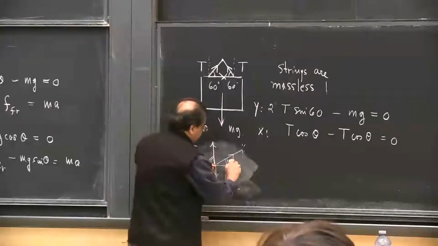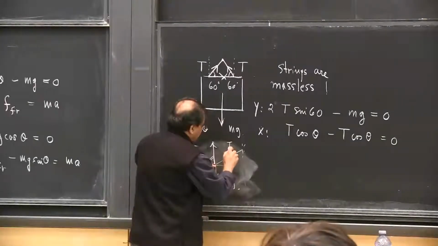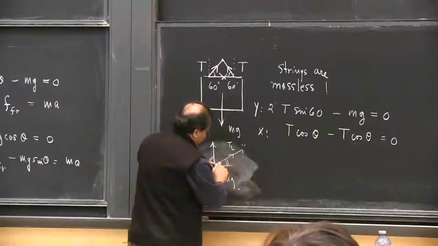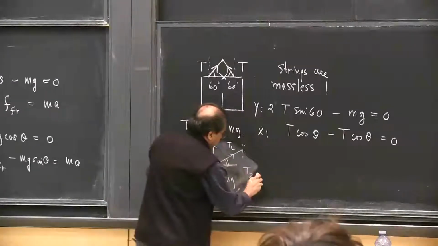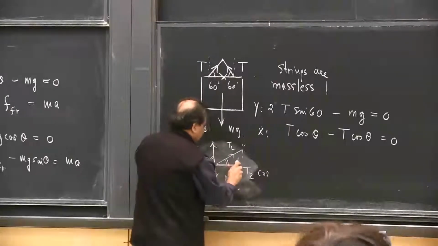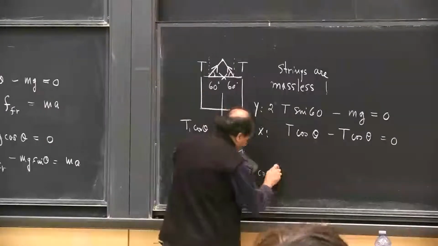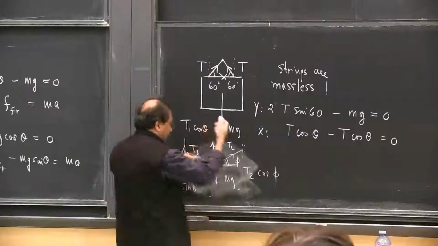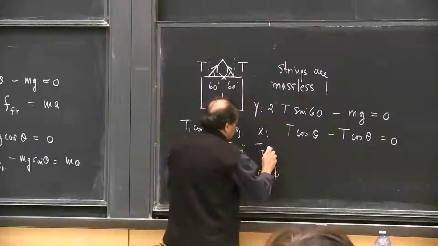And here, on the other hand, if this is, let's say, T2, then this will be T2 cosine of, let's call it phi, another name. And then the vertical piece would be T2 sine of phi.